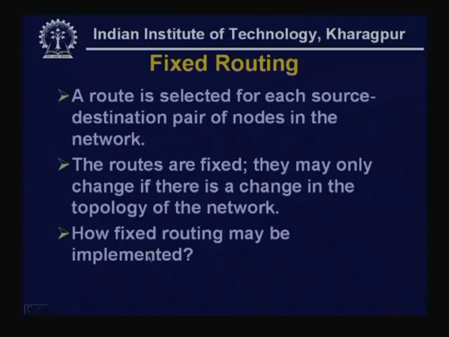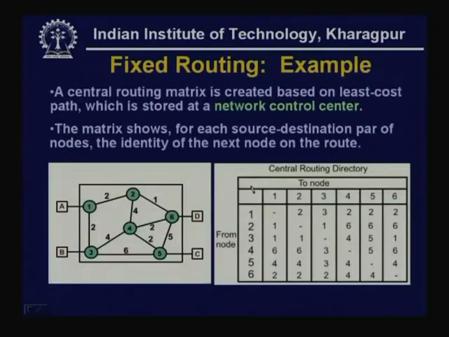And the question arises, how may fixed routing be implemented? There are several alternatives; let us see how it can be done. Here, as you can see, a central routing matrix is created based on least cost path, which is stored at a network control center.